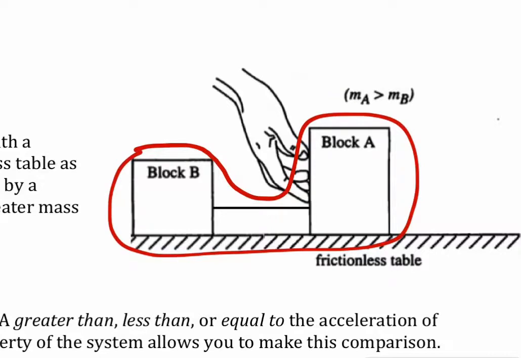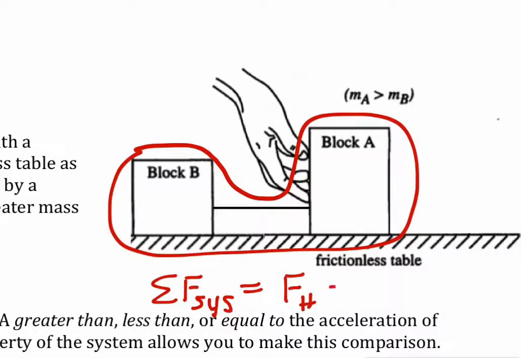When we do that, we get the benefit that we can write a very simple force equation. The sum of the forces on the system becomes equal to, in this case, a frictionless surface, so I don't have any forces associated with that. The only force on the system is the hand, so we'll call it the force of the hand.